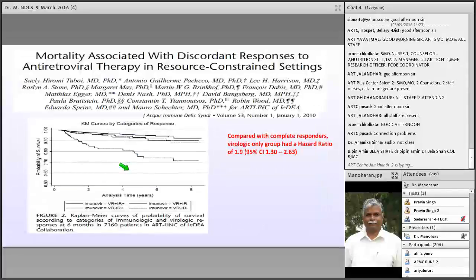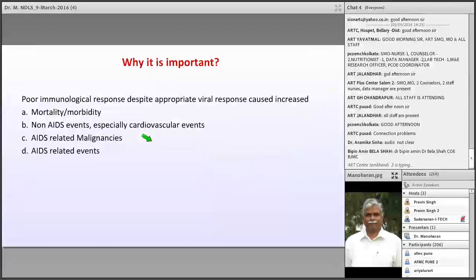Again, the same points are described in the Kaplan-Meier curve, and this is the response. So compared with complete responders, the virologically responding group had a hazard ratio of 1.9 with a confidence interval of 1.3 to 2.63.